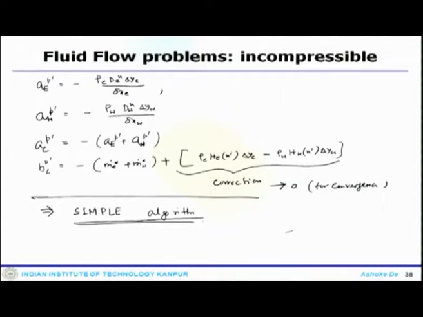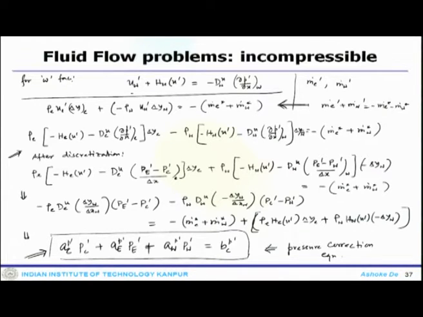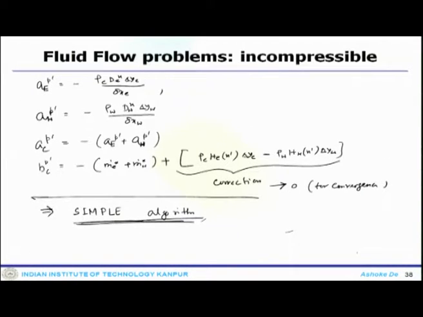So, let us look at where we stopped. This is where we derived the mathematics, and we got this equation, which is the pressure correction equation. If you recall, we went through this mathematics and got the pressure correction equation. This is what essentially is done in the SIMPLE algorithm.